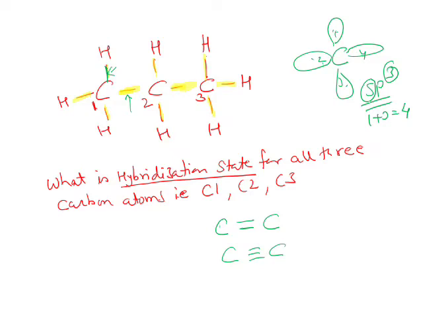So let's take an example. This is carbon 1, this is carbon 2. You have how many electrons? 4, 1, 2, 3, 4. Same thing for the other: 1, 2, 3, 4.